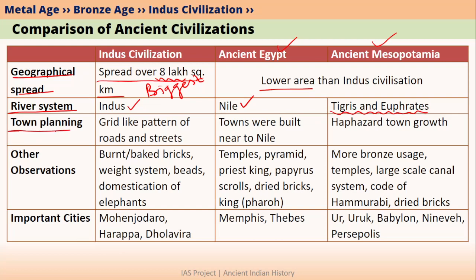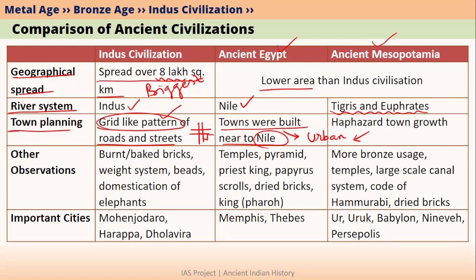If we talk about the town planning in these civilizations, then Indus civilization had a grid-like pattern where roads and streets crossed each other at 90 degrees angle. Both ancient Egypt as well as ancient Mesopotamia were urban civilizations. However, the town planning in both these civilizations was not as good as Indus civilization because ancient Egyptian towns mainly developed along River Nile.